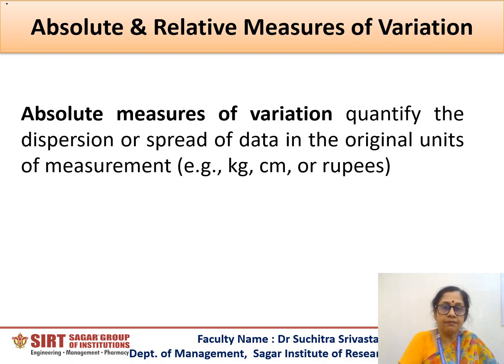Let us understand. The absolute measures of variation quantify the dispersion or spread of the data in the original units of measurement. For example, kilograms, centimeters, rupees, inches, and so on.